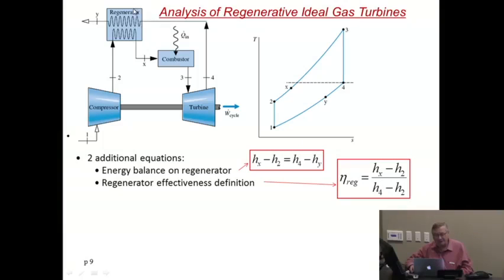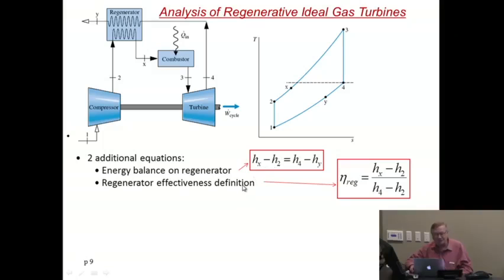We have, on the one hand, the energy balance equation in the regenerator, which tells you that the enthalpy that you add to the input stream, so Hx minus H2, what you increase the enthalpy for in the incoming stream, must be equal to the enthalpy that you put out of the stream that heats the other stream up. So the enthalpy H4 minus Hy. H4 minus Hy must equal Hx minus H2, since the mass flow rates are the same. So this is one equation.